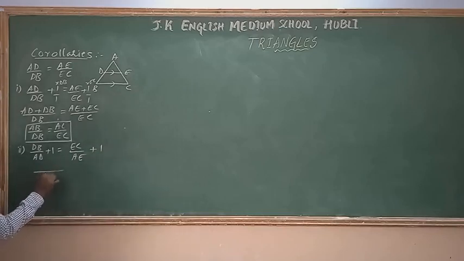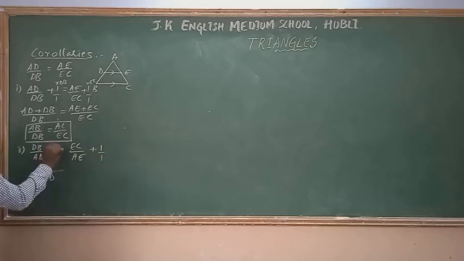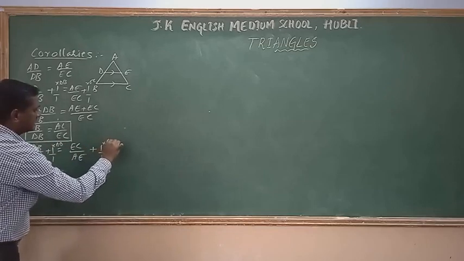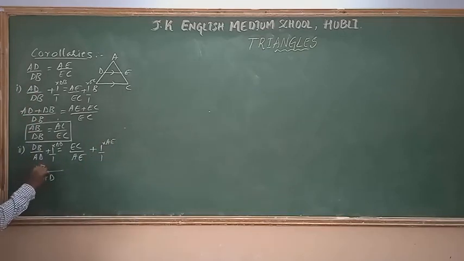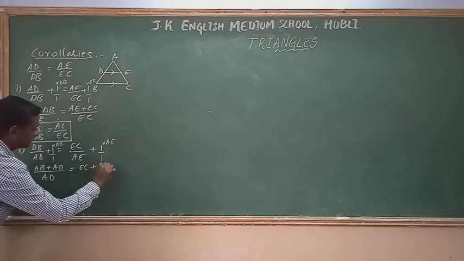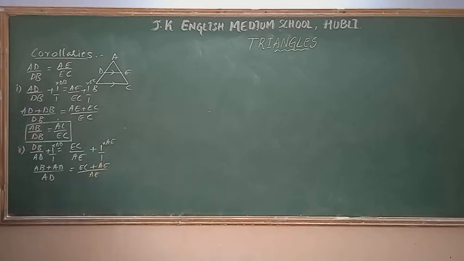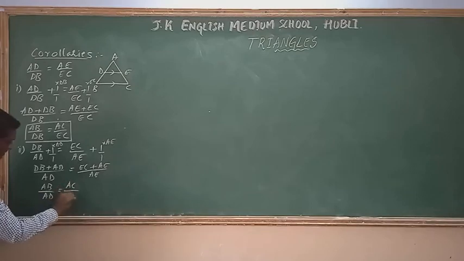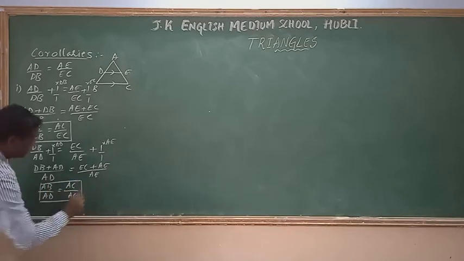So here the LCM is AD, so multiply this by AD and this by AE. So DB plus AD, that is equal to EC plus AE upon AE. Then DB plus AD gives you AB upon AD, and this is equal to AC upon AE. So this is your second corollary.